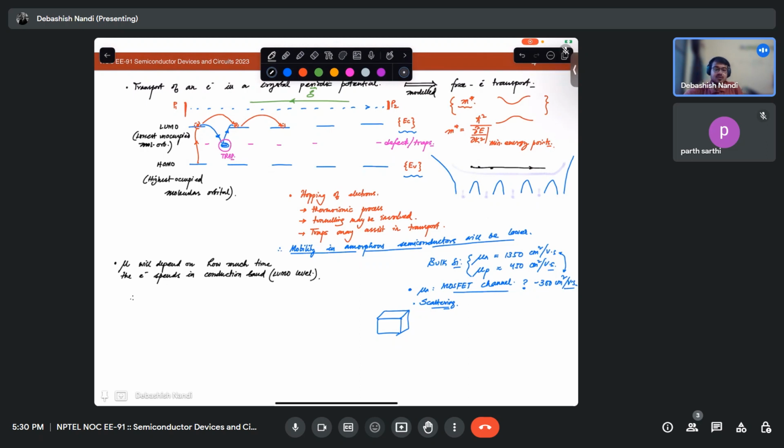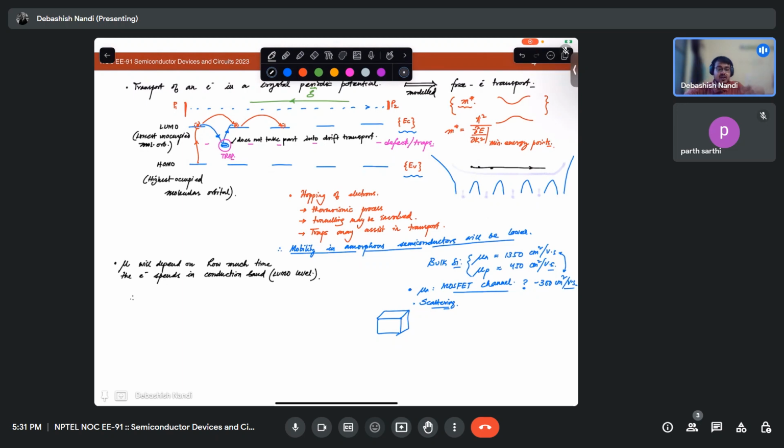Suppose all the electrons are in the conduction band all the time, then your mobility will be higher, right? Because trapped electrons do not take part in drift transport.